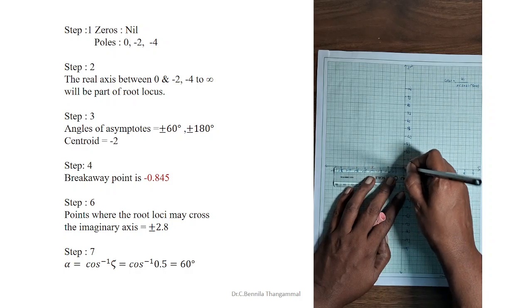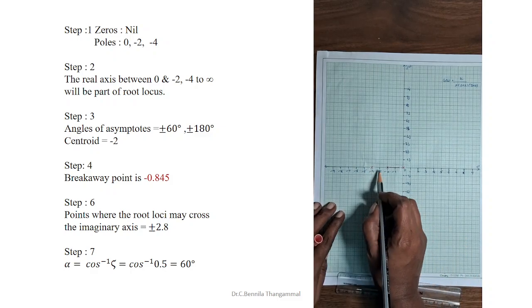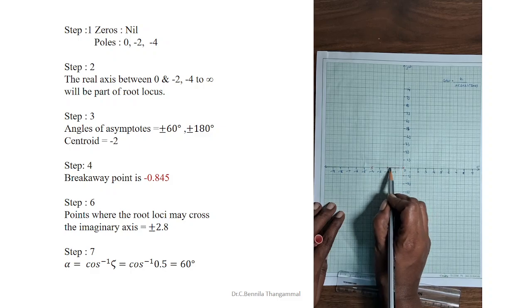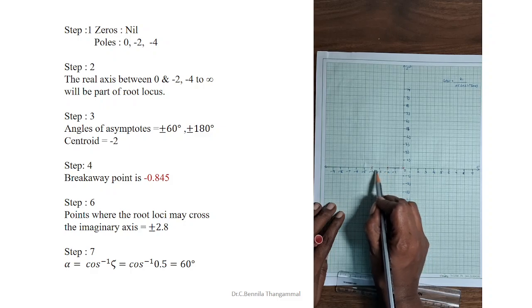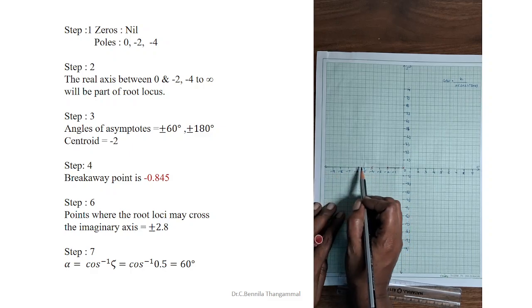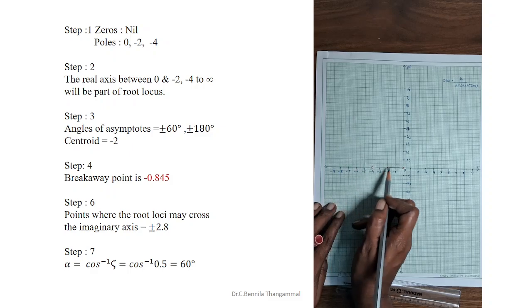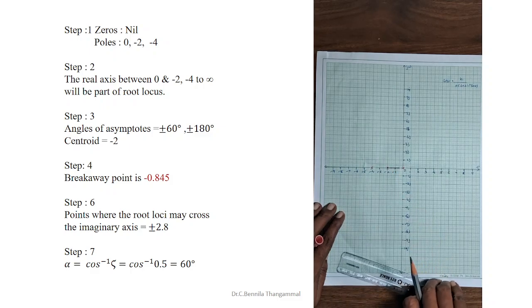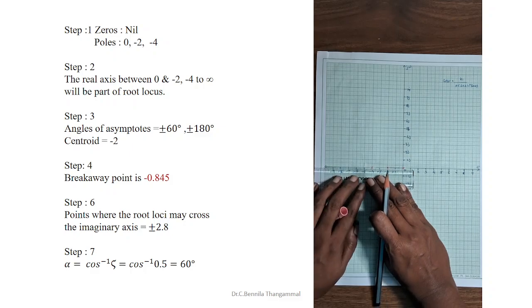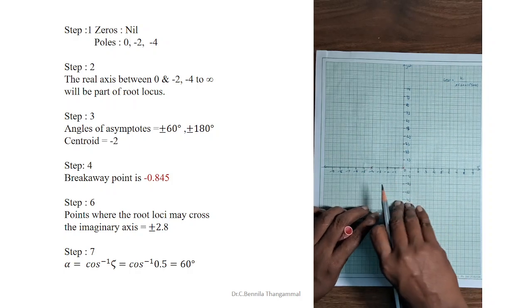Then between minus 2 and minus 4, I take a test point as minus 3, and to the right of it I have 2 poles, so it is an even number, so there is no root locus between these two. After minus 4 till infinity, I can take any value as a test point. Let it be minus 7. To the right of it I have 3 poles, which is an odd number, so there is root locus from minus 4 to minus infinity. This is your step 2.